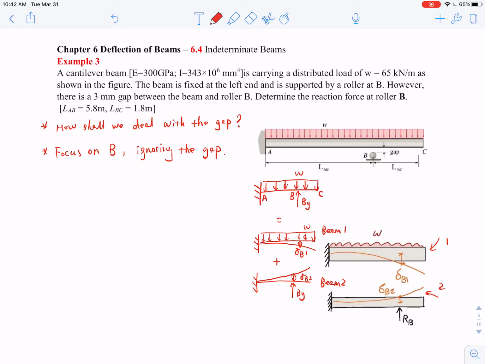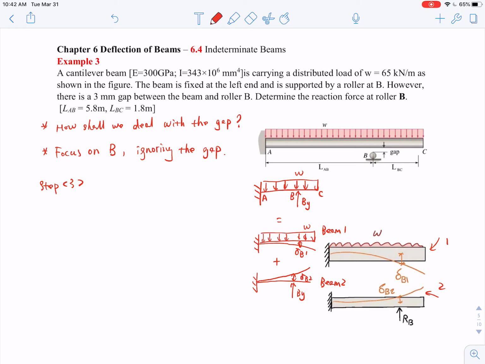Then it will be our step 3 again. We just solve the delta B1 and delta B2 in these two simpler beams.